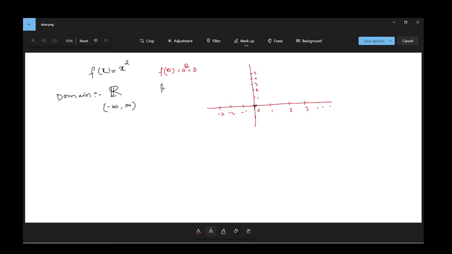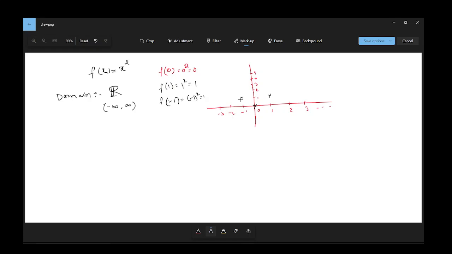f of 1 is 1 square, which is 1. So at 1 it is 1. f of minus 1 is also 1, because minus 1 square is 1.